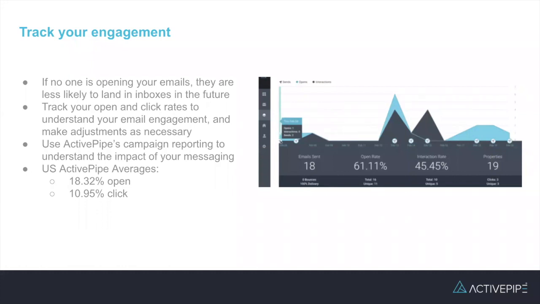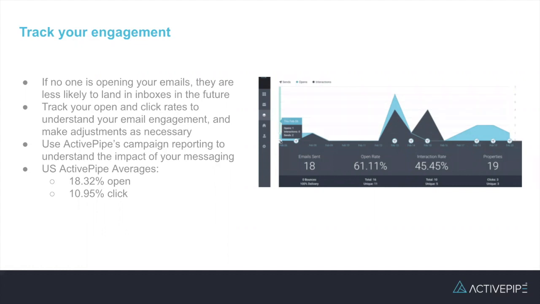The more opens and clicks you get, the more likely your emails are to end up in inboxes versus the flip side. So again, this is really going to boost that sending reputation that we talked about earlier. And if your open and click rates are always super low, that could potentially mean it's going to people's spam box.